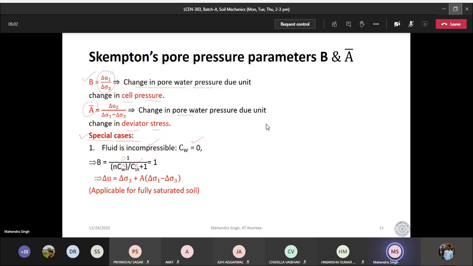So this quantity becomes 0, so 0 plus 1 is 1, so B will be almost equal to 1. And the equation for the change in pore pressure will be delta sigma 3, because B is 1, and A into B, that is A into this.